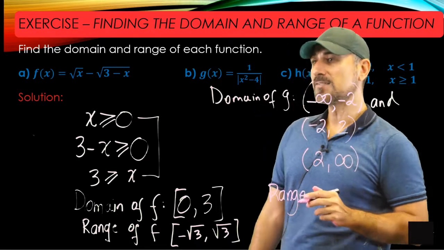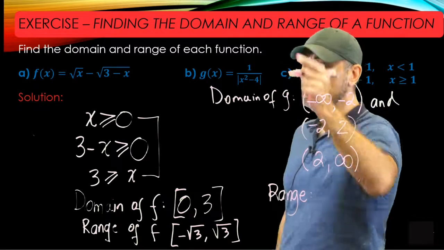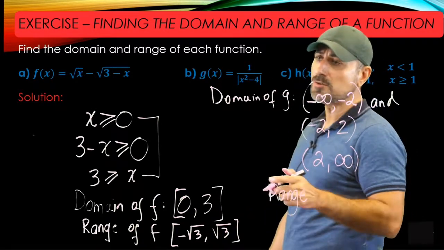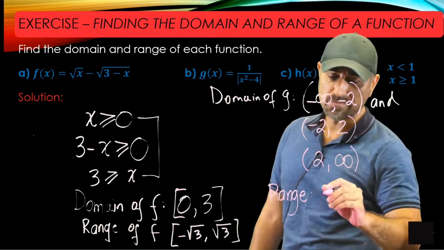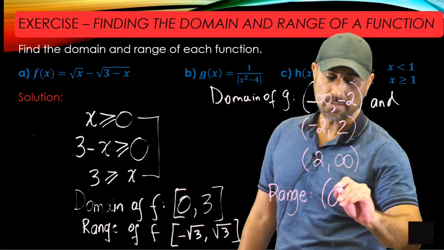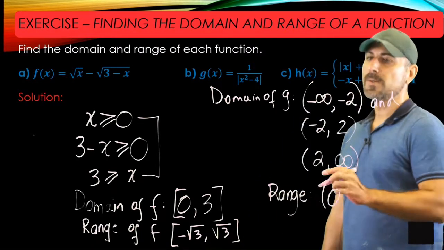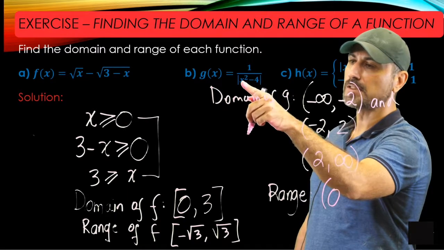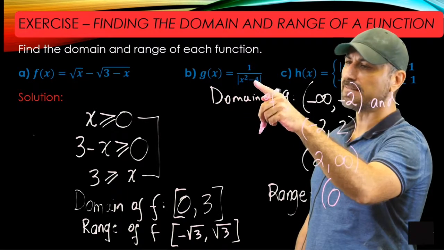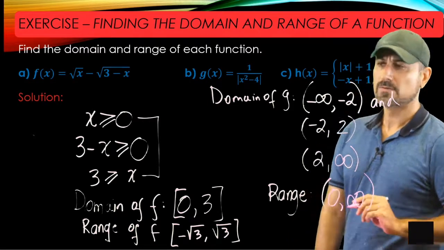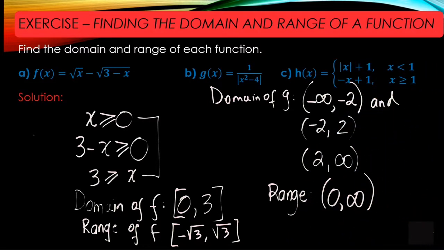Probably not, because you would have to divide by infinity, but infinity is not a real number. So 0 in the range cannot be achieved, but everything is non-negative, so 0 is open. As x squared gets closer and closer to 4, you're dividing by a very small number. So the range is going to be 0 to infinity.